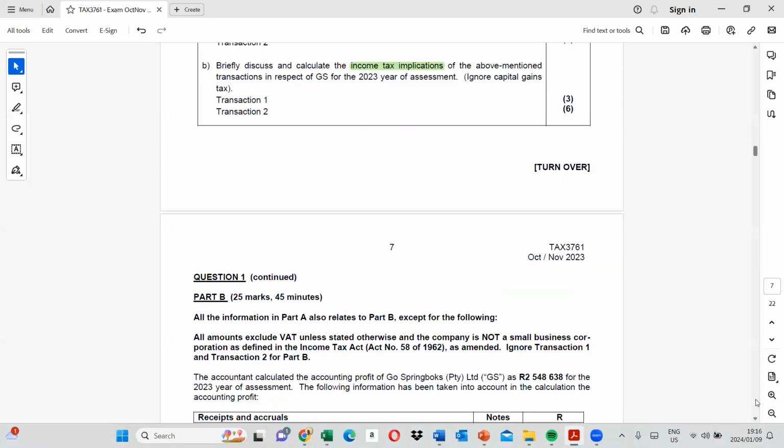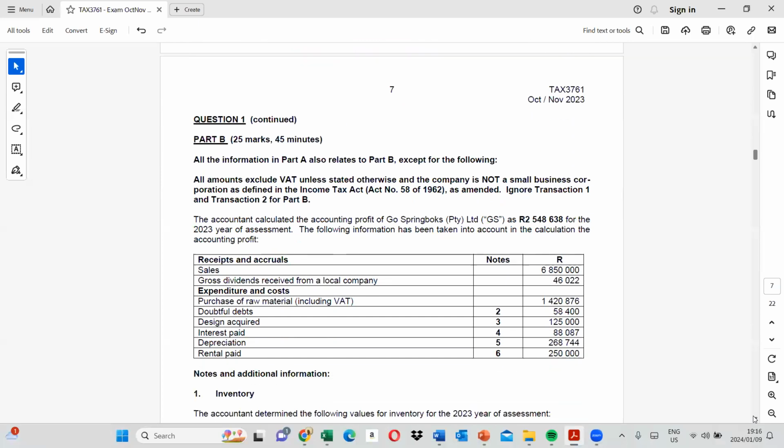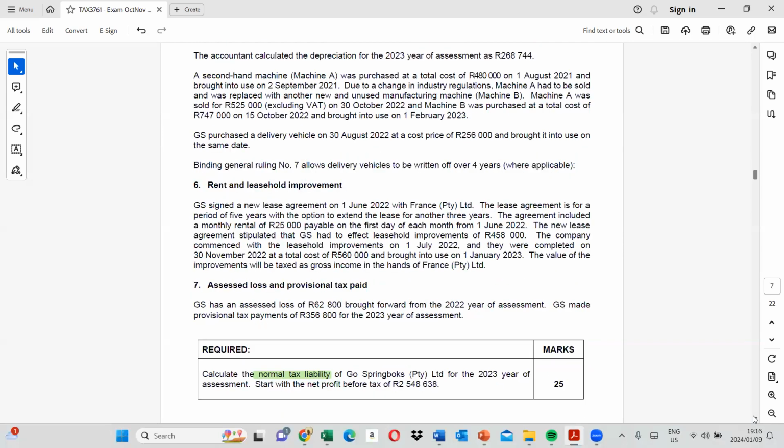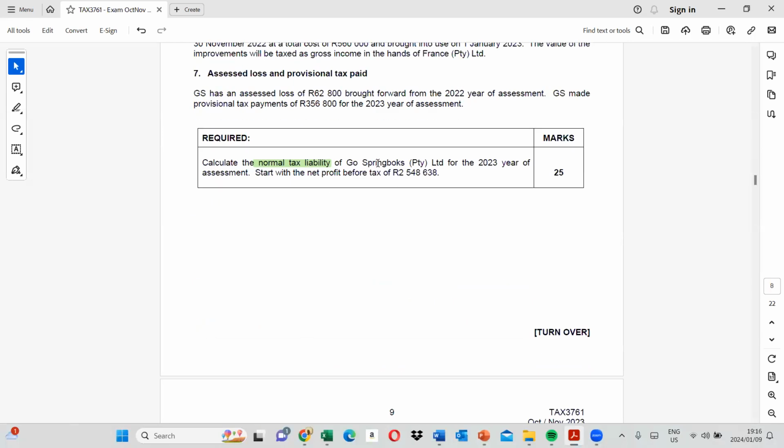So part B, here comes part B. What is it saying? Part B says, calculate the normal tax liability of Go Springboks for 2023, starting with net profit before tax.